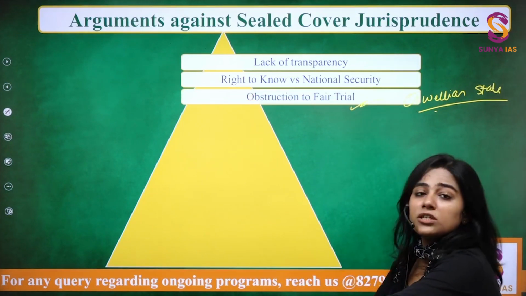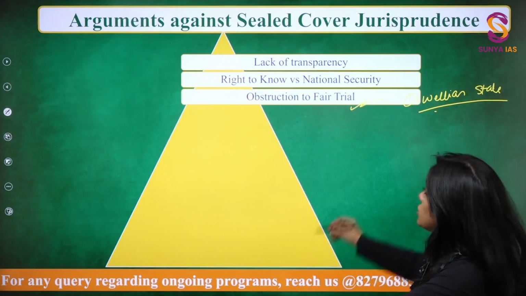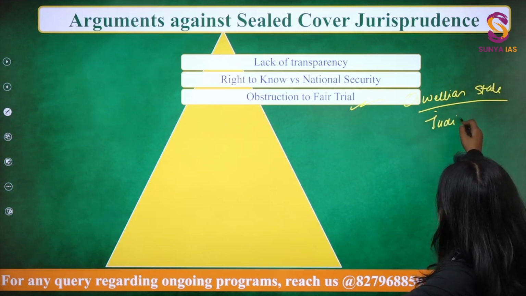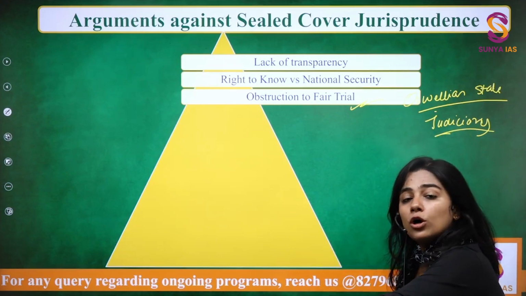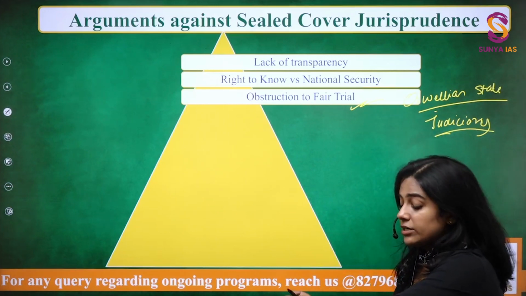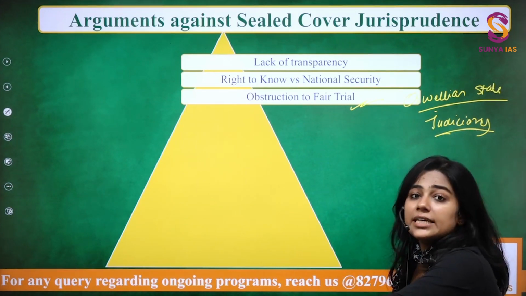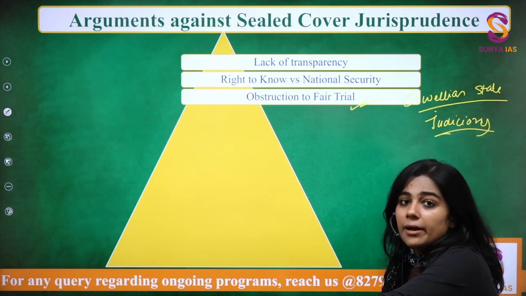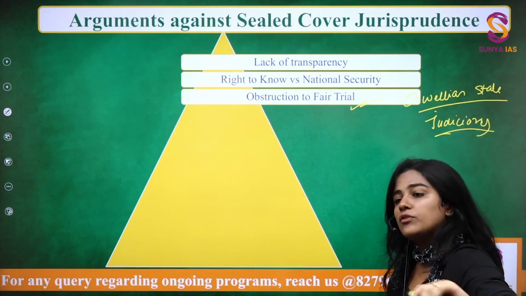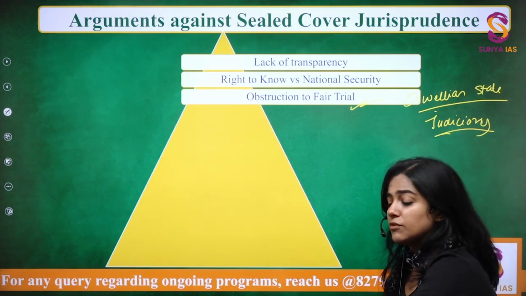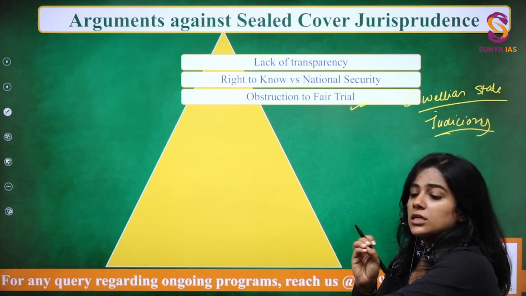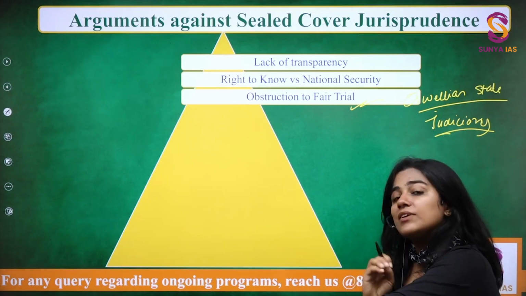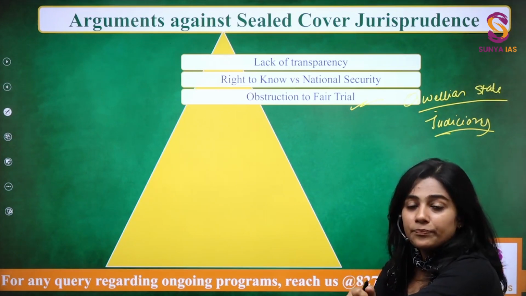It is also an obstruction to fair trial, because though the judiciary is supposed to work on the basis of facts, it is a known fact that investigation agencies in India, barring the Central Bureau of Investigation and the National Investigation Agency, which are the central level agencies, the police is not doing its investigative functions correctly, right?